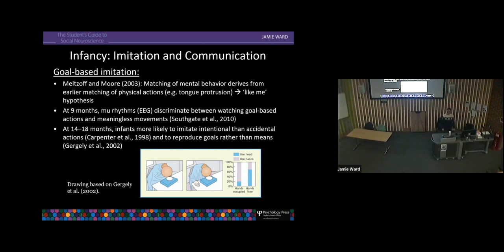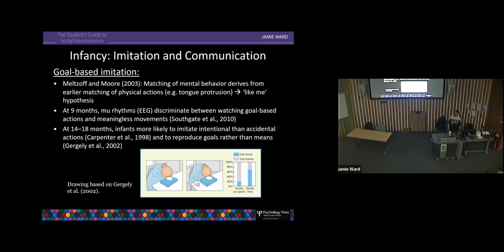So here what you see is that the adult switches on a light. In both cases they switch on the light with their head, but in one case their hands are free, and in the other case their hands aren't free. Here it's as if the infant is inferring that when the hands are restrained, the adult would have pressed it with their hands if they weren't, so the infant uses their hands even when the person has used their head, because they're inferring the goal.